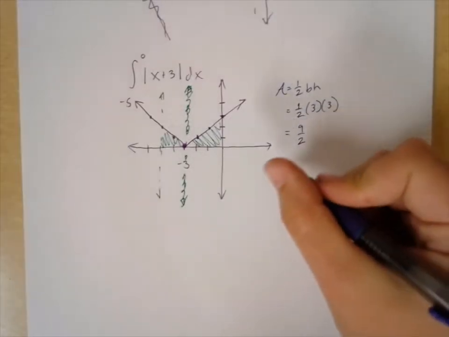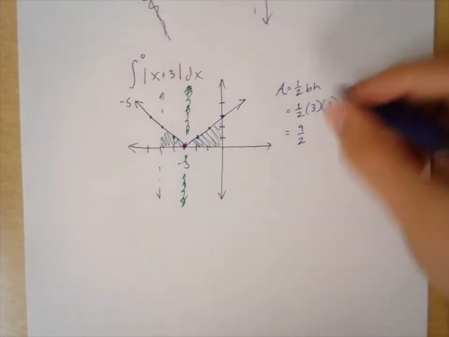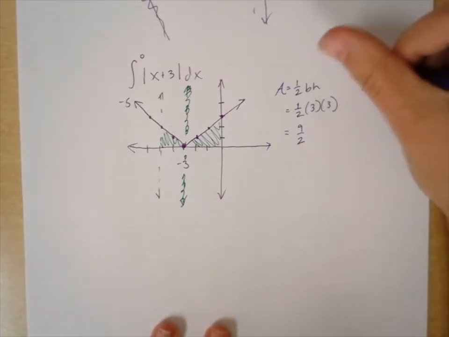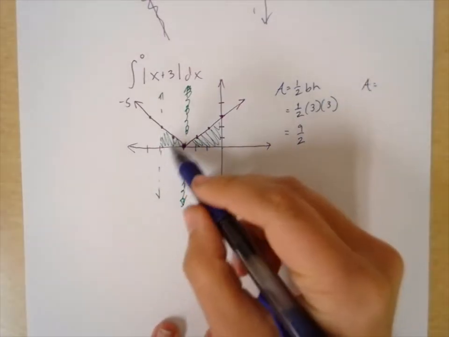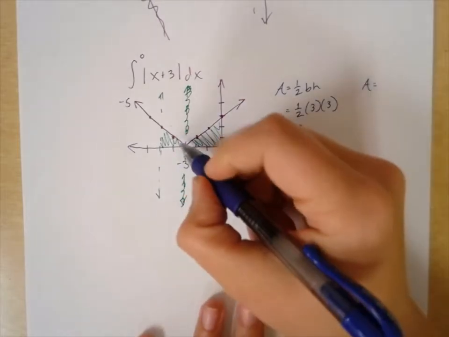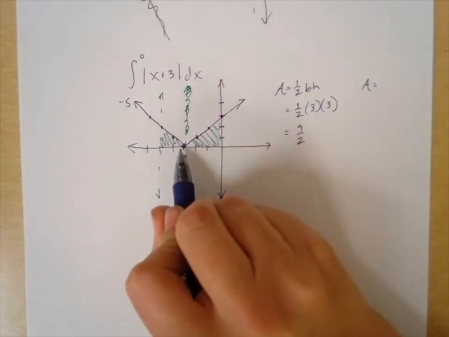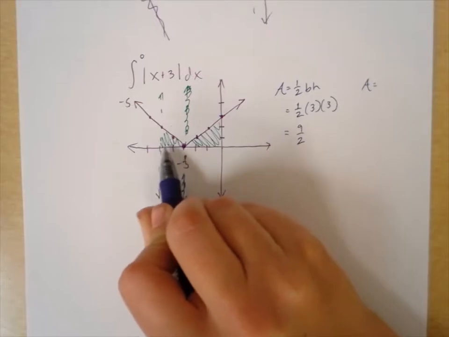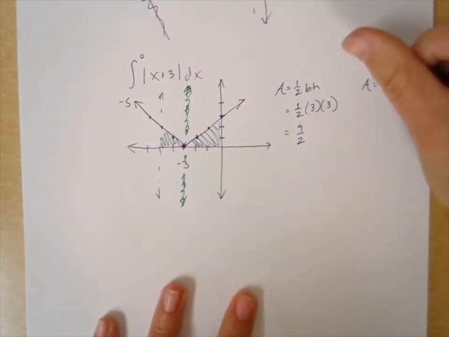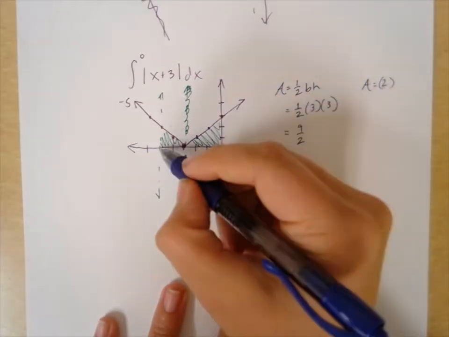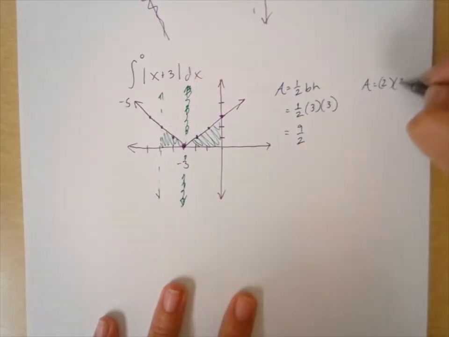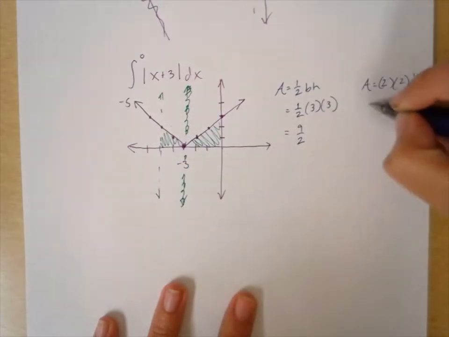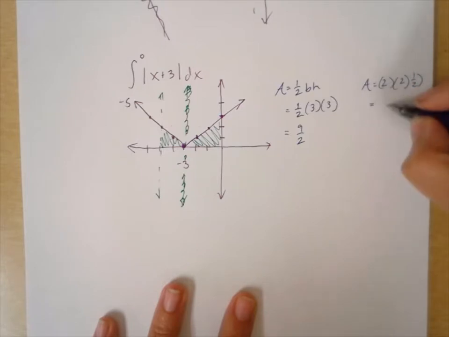The area of the next triangle over here is, what do we have? A base of 2, a height of 2, and we multiply that by 1/2, and I'm going to leave it as a fraction for now. 2 times 2 is 4, and then we'd have 4 over 2.